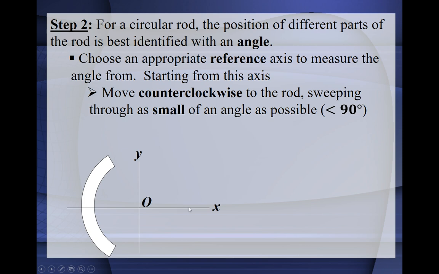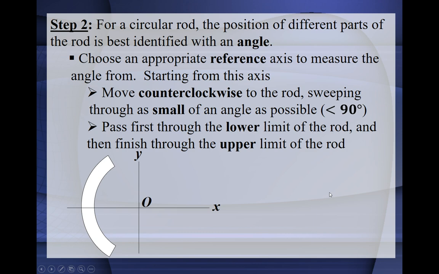Now, if I'm going in a counterclockwise direction and I start at the positive x-axis, that's too big of an angle to go through. So the better axis to start at is we're going to make the positive y-axis the reference axis. That's going to have a smaller angle from the reference axis to where this arc of charge is going to start.